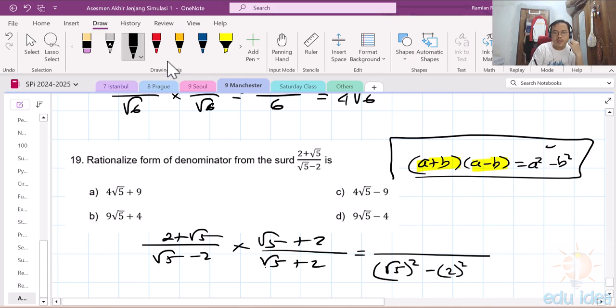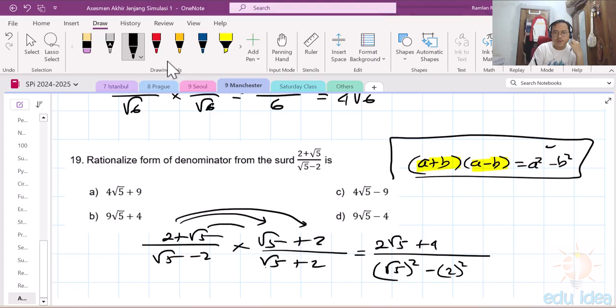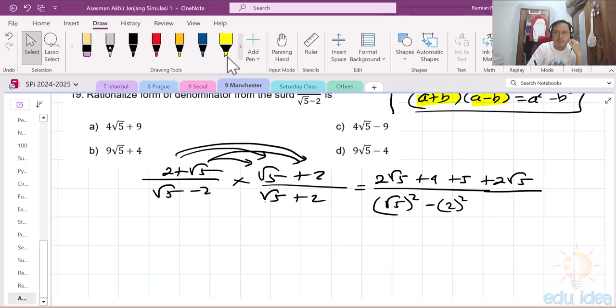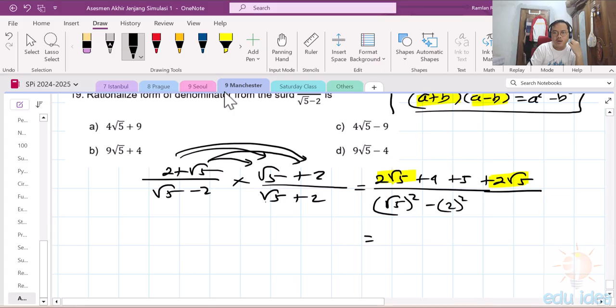The one on the top, we have 2 times square root of 5, which is 2 square root of 5, and then 2 times 2, which is 4, and then square root of 5 times square root of 5, which is just 5, and then square root of 5 times 2 is just plus 2 square root of 5. Now we have like terms: 2 square root of 5 and 2 square root of 5 give 4 square root of 5, and 4 plus 5 equals 9.